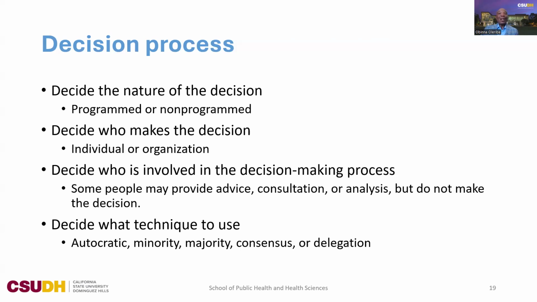It could be a consensus where all participants must be on the same side before a decision is made. Or it could also be a delegation where you give somebody authority to make decisions on your behalf. These approaches are critical in every decision: autocratic, minority, majority, consensus, or delegation.